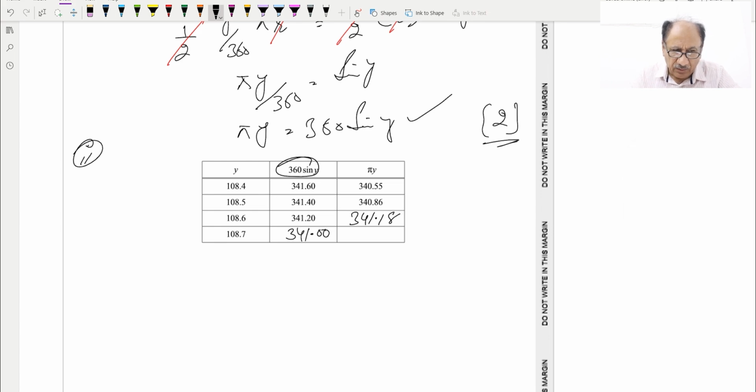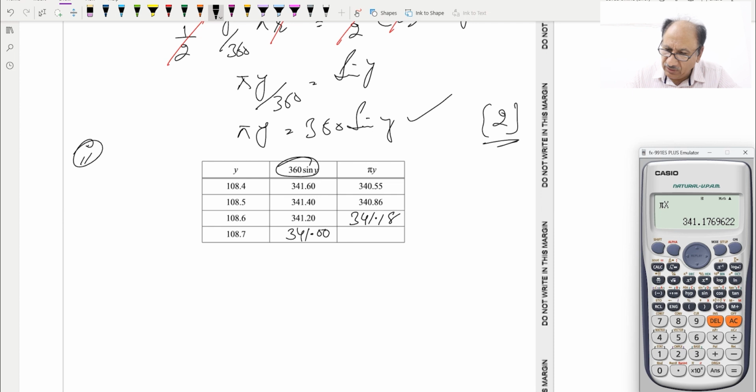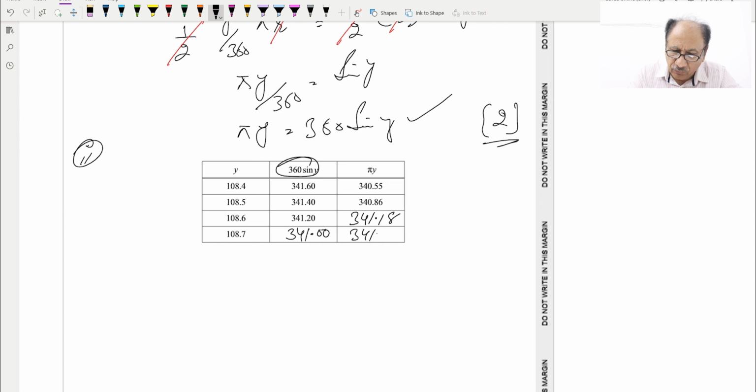This will be up to 2 dp. For the last value, we can calculate for 108.7, and this is giving us the value 341.49. So 341.49, and this completion was for 3 marks, which was done.